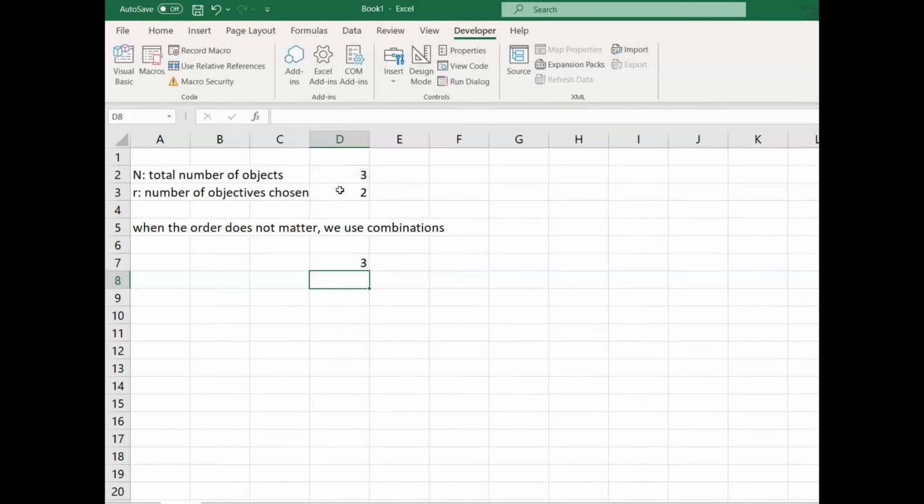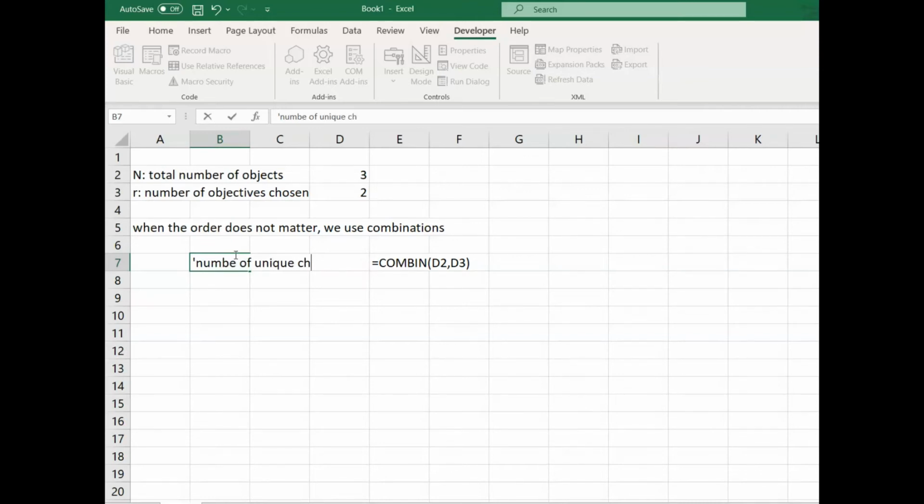So the result is 3, exactly as our manual result. Okay, so let's use show formulas to look at the formula. It's COMBIN D2, D3. Okay, so this is the number of unique combination choices, unique choices.